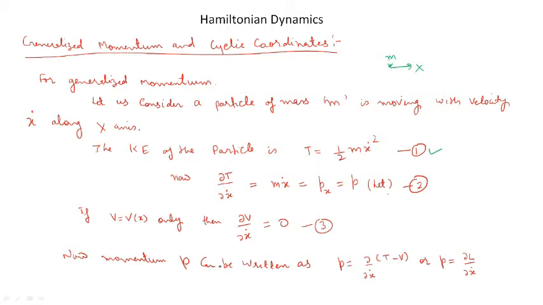So now we can write generalized momentum as, because p is equal to del T over del x dot and del V over del x dot is equal to 0, we can arrange it like p is equal to del over del x dot of T minus V, because del V over del x dot is equal to 0, so it will not affect the result. Now you know that T minus V is equal to the Lagrangian. So p is equal to del L over del x dot.